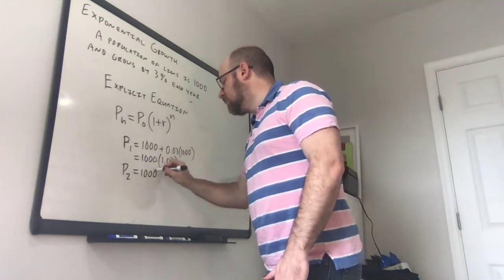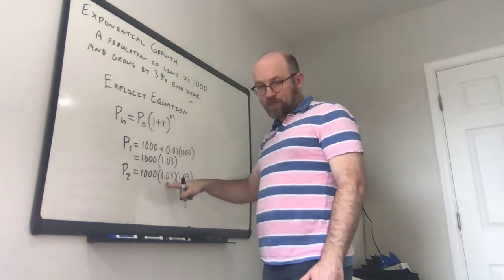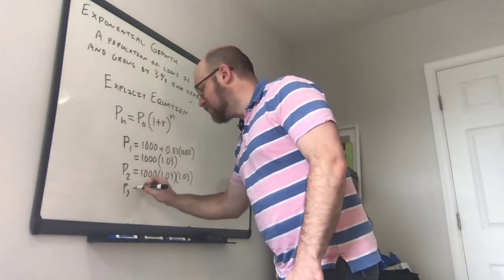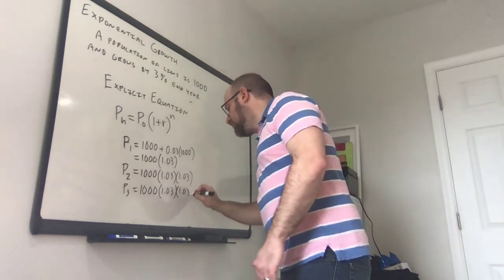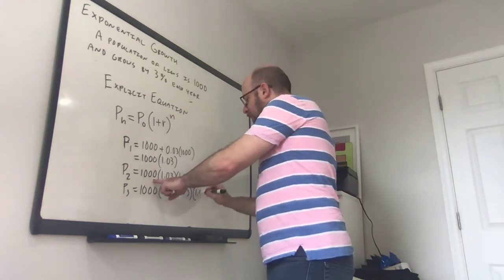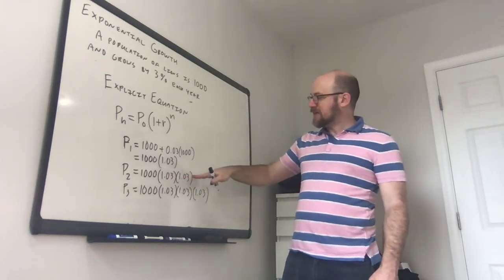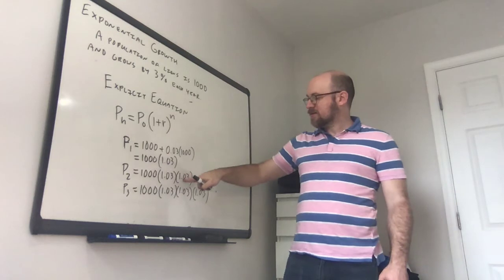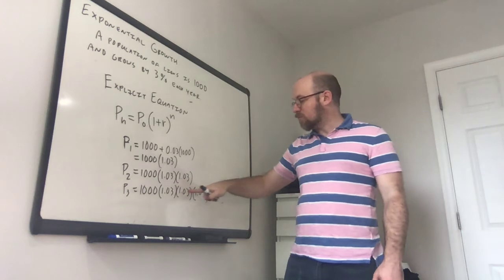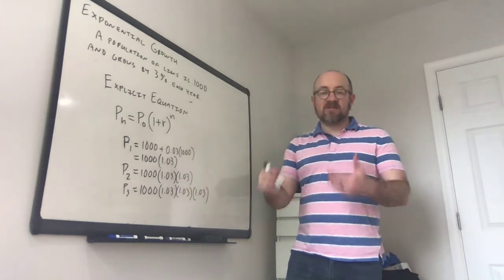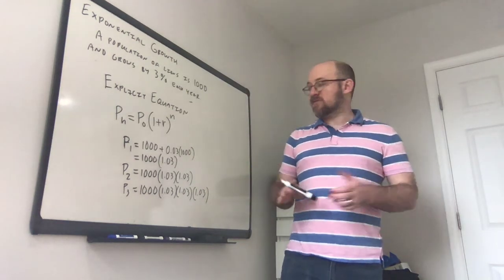So 1,000 times 1.03 times 1.03. Well, to get the next one, p sub 3, 1,000 times 1.03 times 1.03, the previous value multiplied by the same thing, 1.03. And so you can see how you start to get p sub 2 is 1,000 times 1.03 squared. P sub 3 is 1,000 times 1.03 cubed. P sub 4 is going to be 1,000 times 1.03 to the fourth, and so on and so forth.